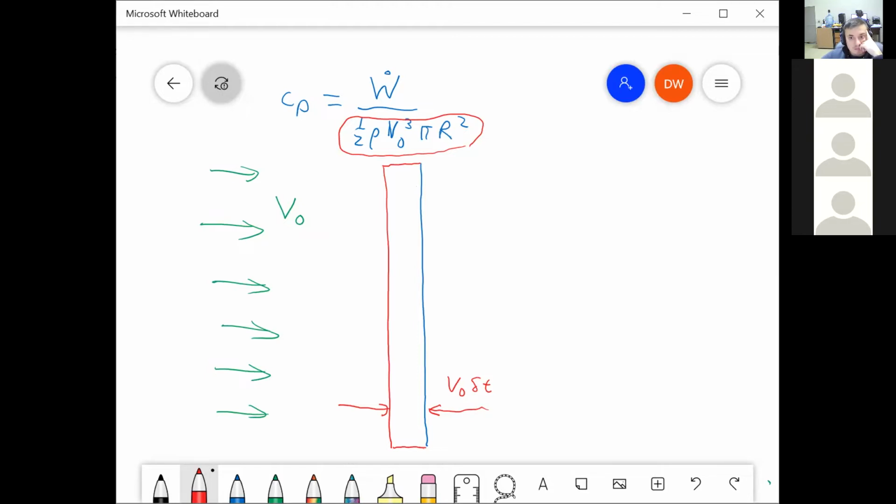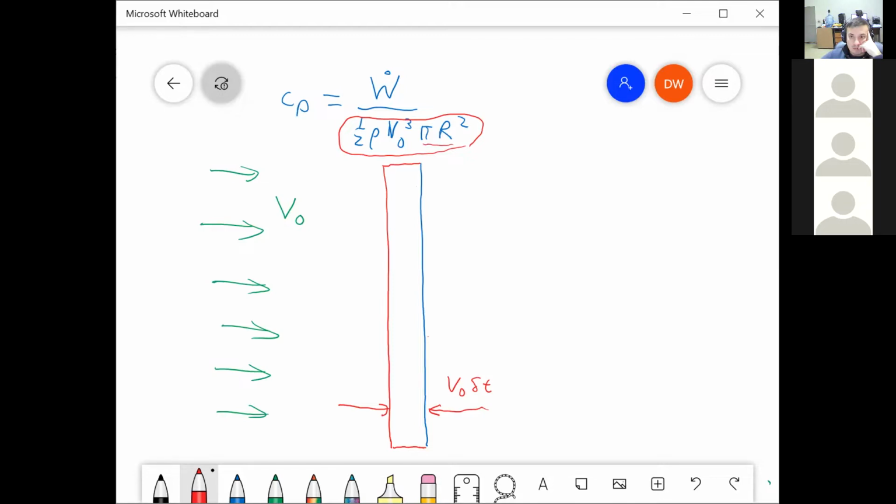So the area of that blue line is pi r squared. And what I'm looking at in this diagram is that everything between the red and the blue lines is going to cross the blue line in time delta t.